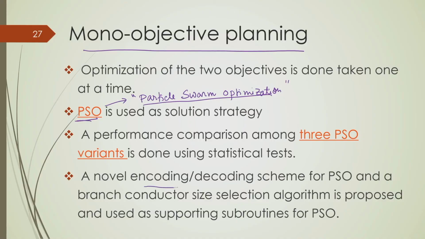I will be discussing that. Apart from that, we will be using a novel encoding decoding scheme for PSO, which I will explain after a while, and also a branch conductor or line conductor size selection algorithm as a support subroutine of the main solution algorithm, so that we can decide the conductor size for each line that we are going to construct. Okay.